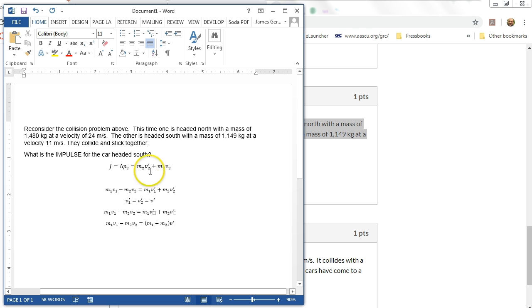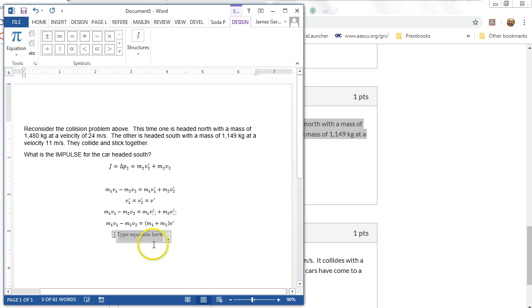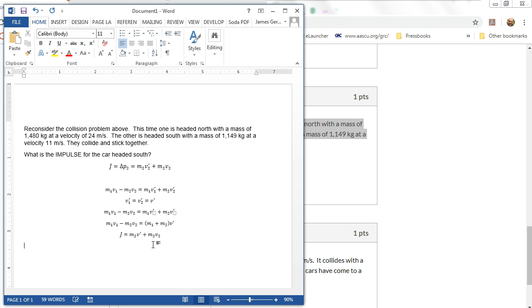We now know that v2 prime is just v prime, so we can rewrite the impulse. J is m2 v prime plus m2 v2, right? So we're down to, if we know v prime, we know the impulse we're after.